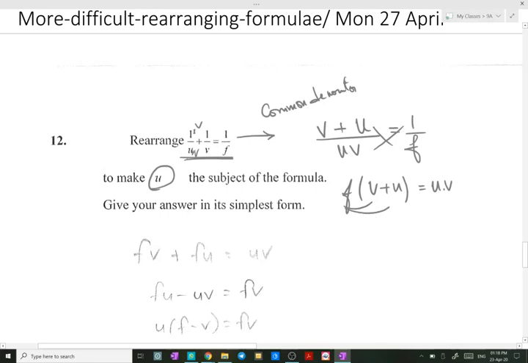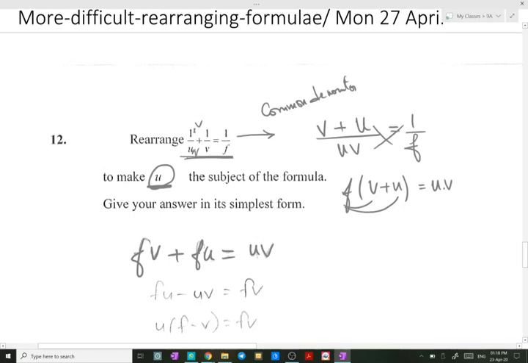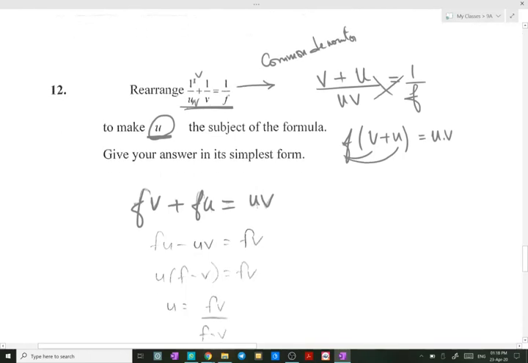Now expand the f inside because our target is u, so we get fv plus fu equals uv. Then we take everything that contains u to one side, so fu minus uv is equal to fv, because when you take this to the other side, it becomes minus uv, and you need to take fv to this side, so it becomes minus fv.